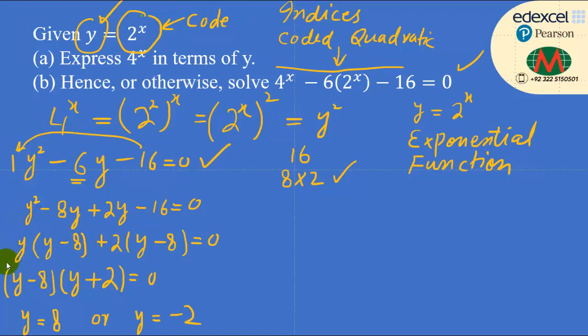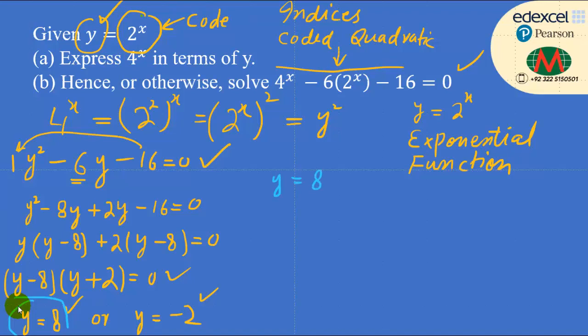Therefore, after completing the factorization method, we have 2 factors here, and from these 2 factors we have 2 solutions in y. From the first one, y is equal to 8. Let's take this one first.